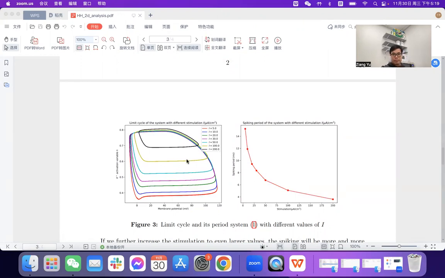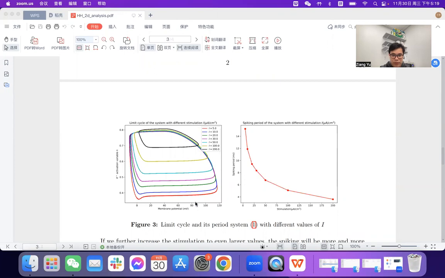A very unexpected phenomenon is that if we increase the stimulation, the peak membrane potential does not increase, and instead it is decreasing. For example, if the stimulation is 5.0, then the peak is about 120. But if the stimulation increases to 200, the peak membrane potential is even less than 100.